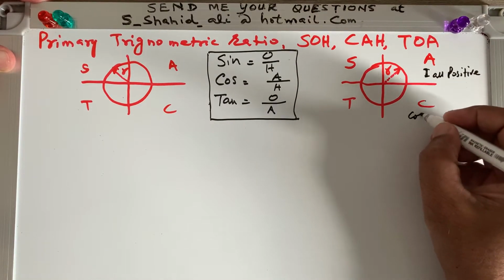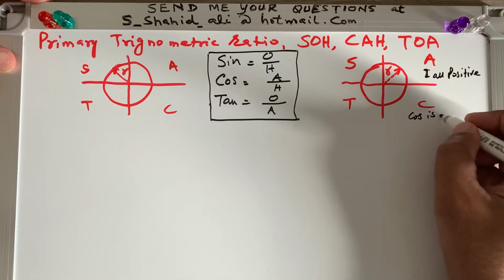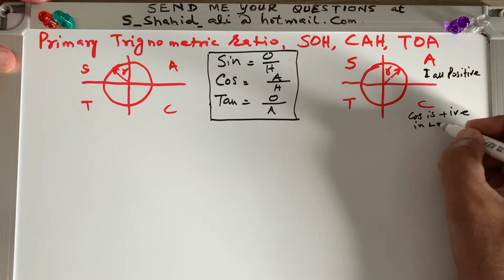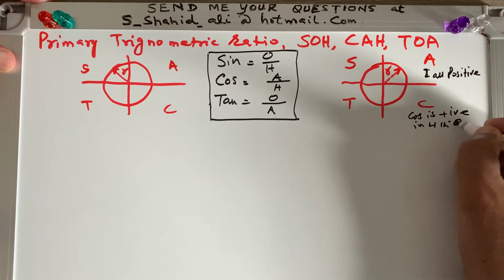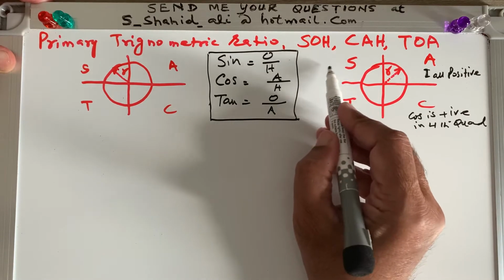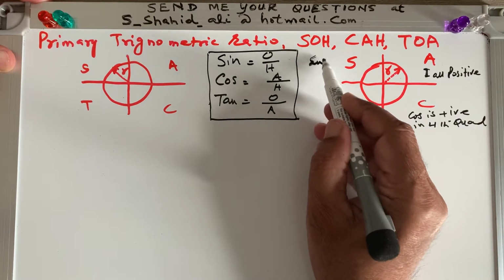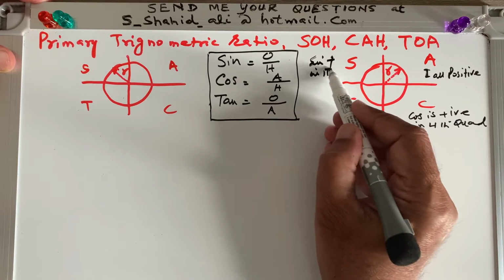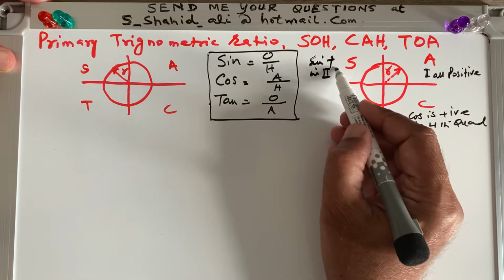So cos is positive in the fourth quadrant. In the second quadrant, sine is positive. Sine is positive in the second quadrant, right?